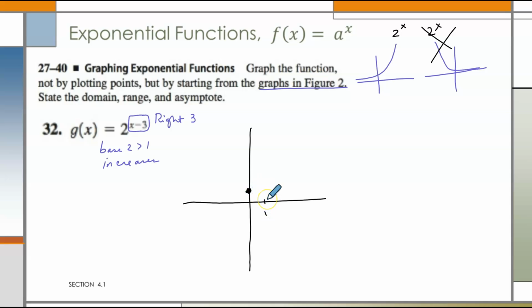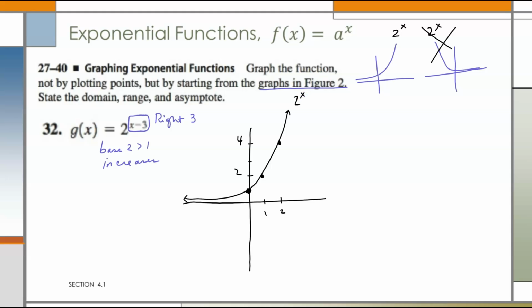If we plugged 1 into 2 to the x, we would get 2 to the first, which is 2. If we plug in 2, 2 squared would be 4. We know its basic shape. This would be the graph of 2 to the x.